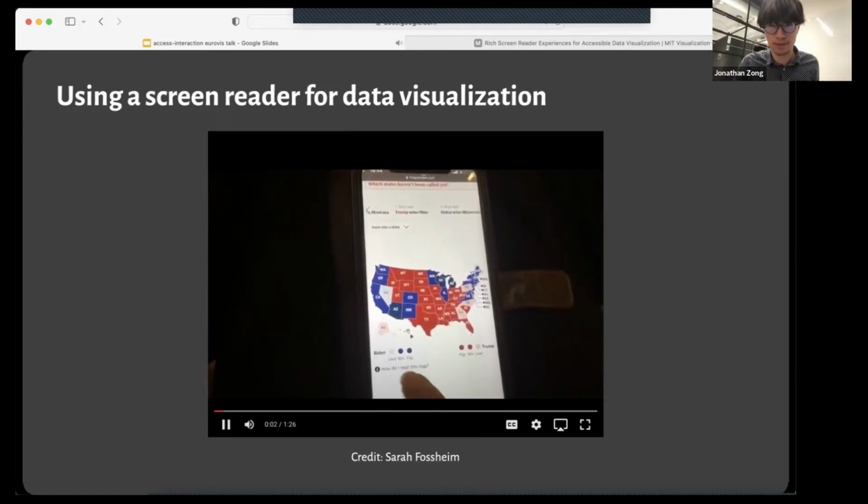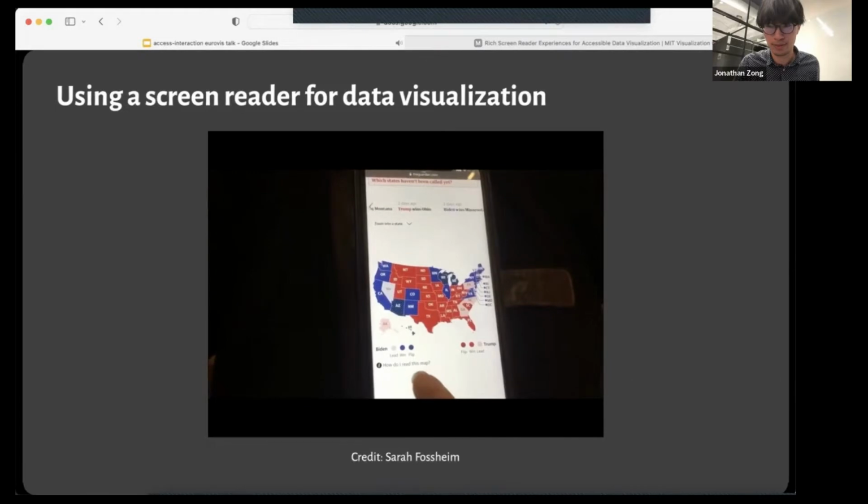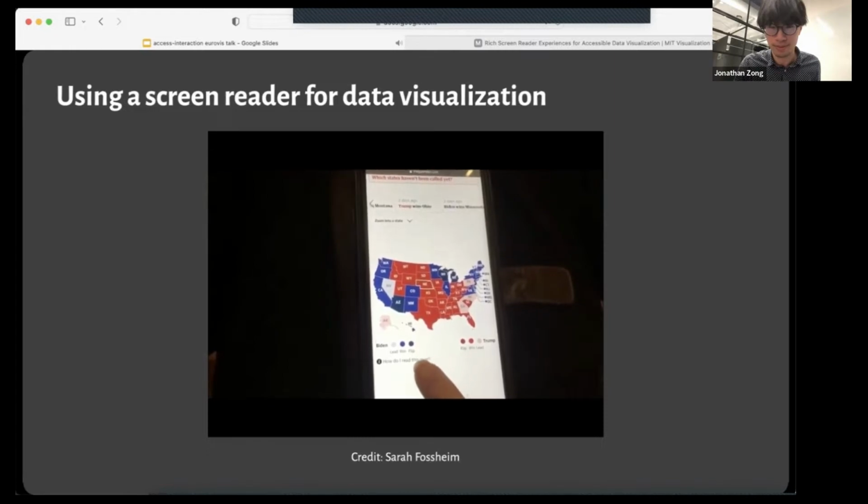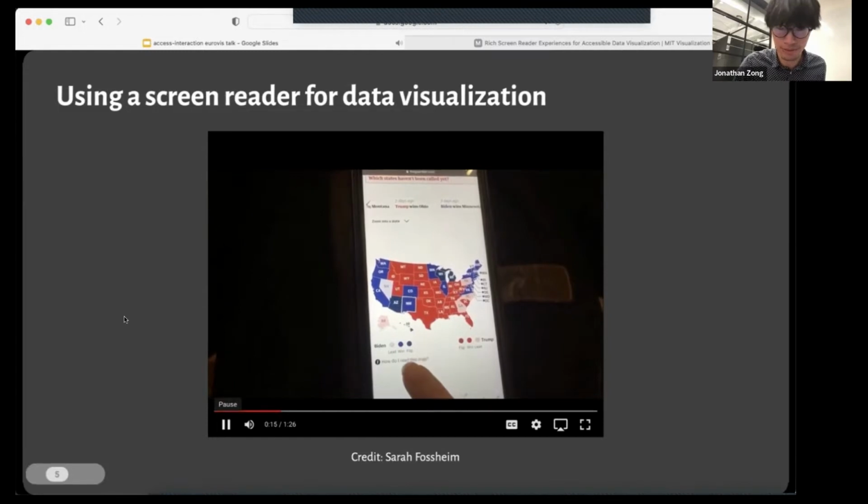Image, image, image, image, image. Right, so that's not great.